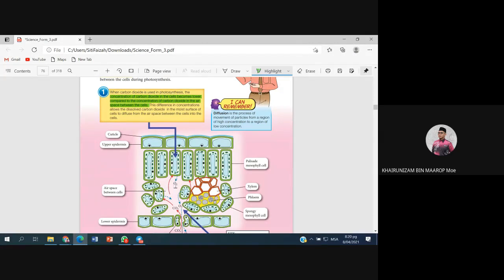If you look at my mouse moving here, this is the space between the cells.